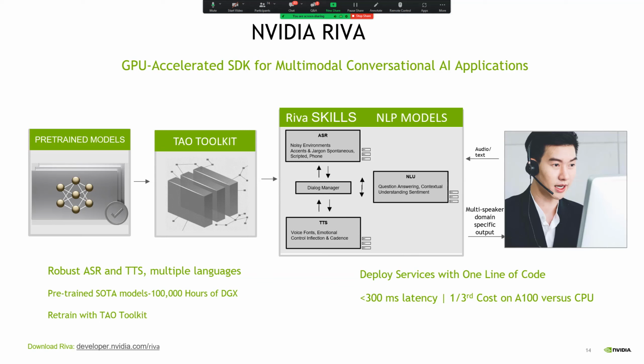It works with something we call the TAO toolkit at NVIDIA, which is kind of this meta level low code, no code GUI that we have, but Riva is part of that. And it'll let you go in there and build workflows around ASR or natural language understanding and text to speech and so on. And again, there's a bunch of pre-trained models that come with Riva.